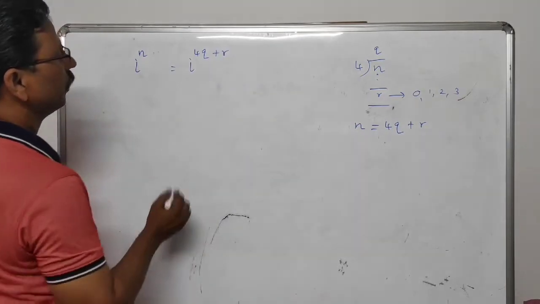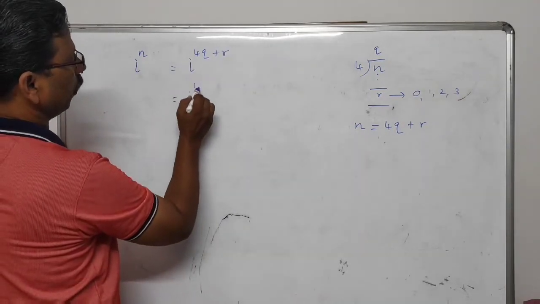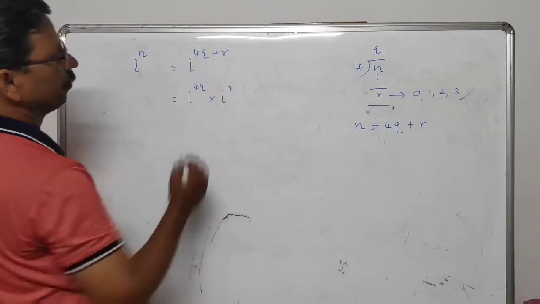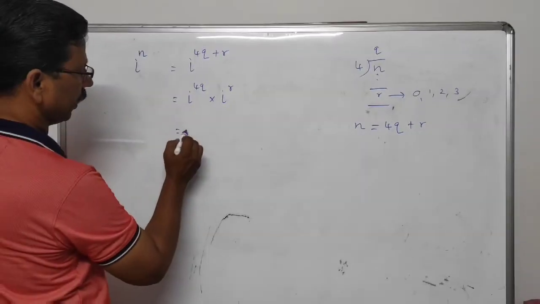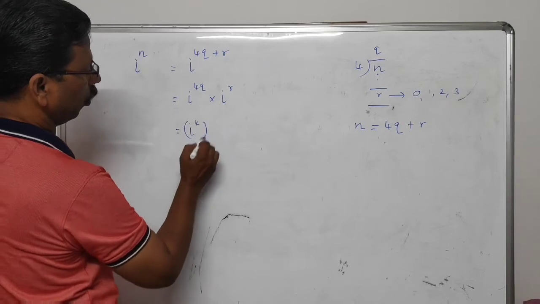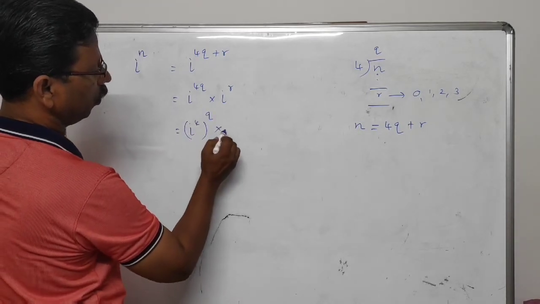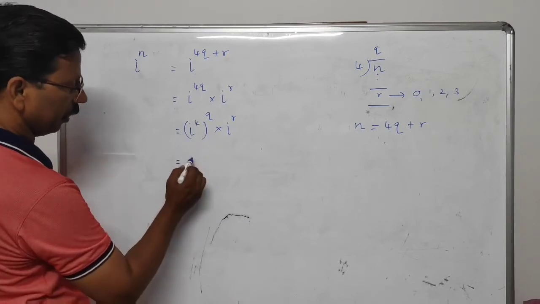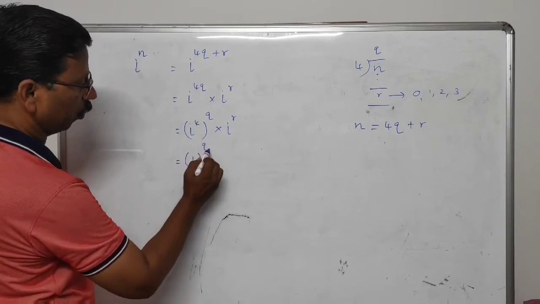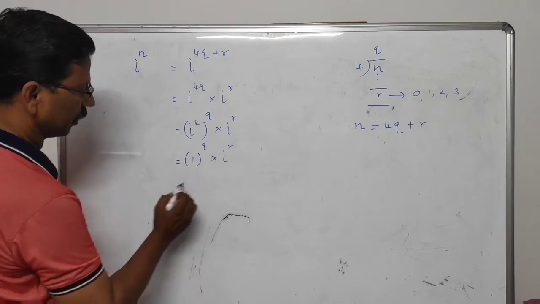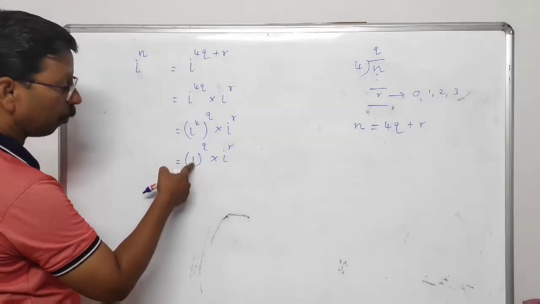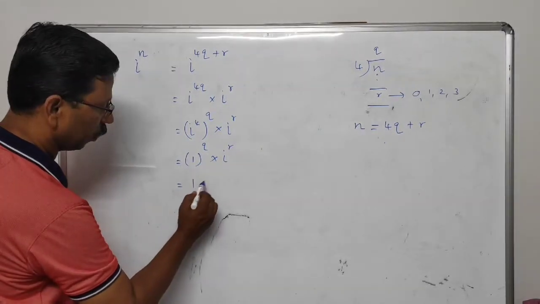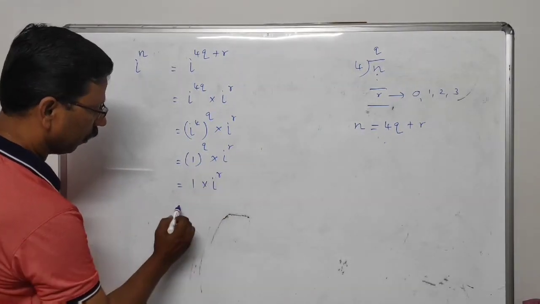Now you can write this as i power 4q into i power r, which is i power 4 whole power q into i power r. Now this is equal to i power 4 value, which is 1, whole power q, into i power r. This is 1 power q, and 1 power any number is 1, therefore you can write 1 into i power r, which is equal to i power r.